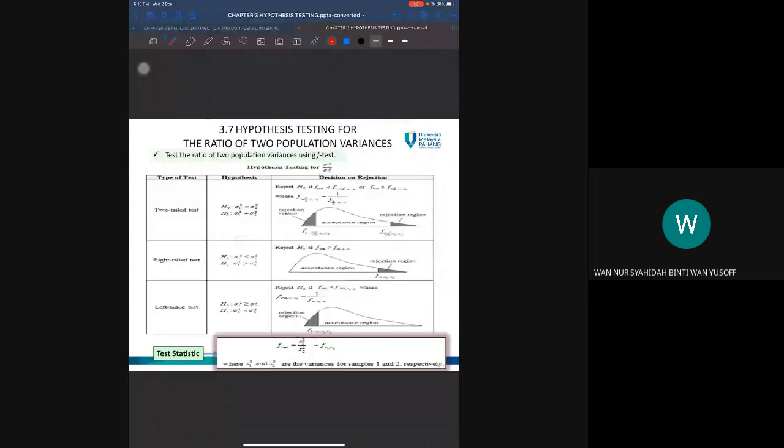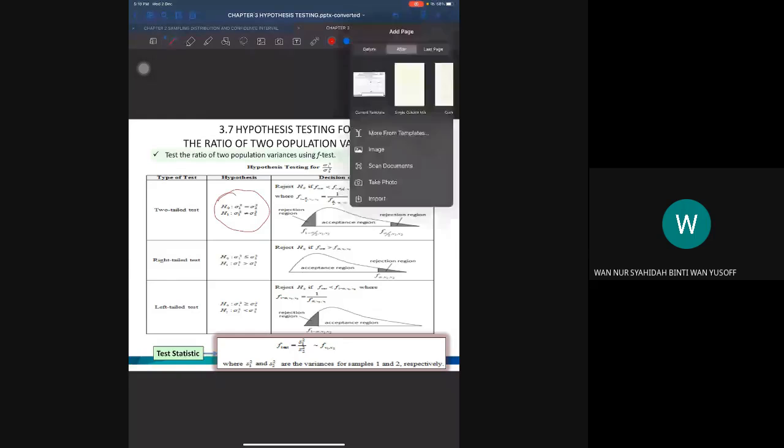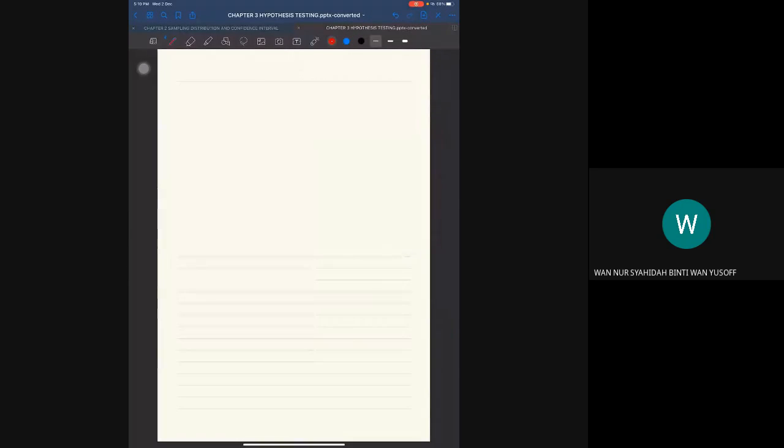We have 3.7 hypothesis testing for the ratio of 2 population variances. So when we have two population variances, you can write your hypothesis in this form, or you can write in the form of ratio.